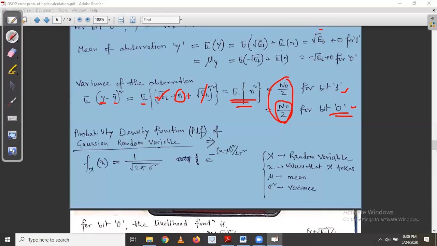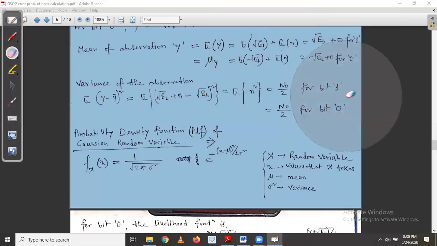And the mean value is this. Remember, this is the mean value and this is the variance value of the observation Y after the integration in the receiver section block diagram. That is the conclusion. For this case, you have to remember how to calculate mean and variance.